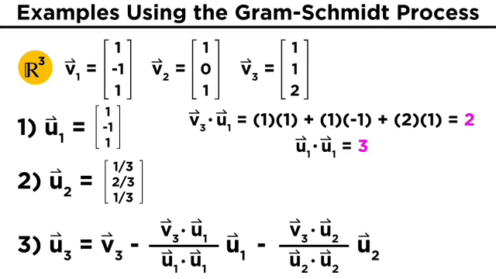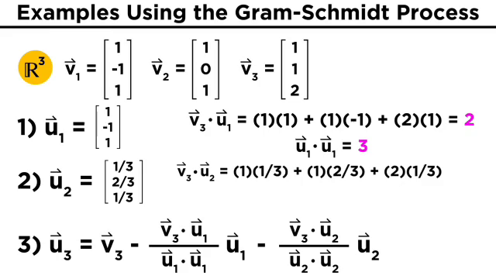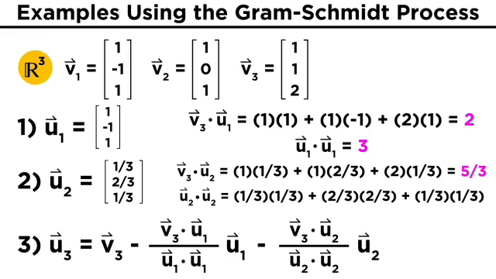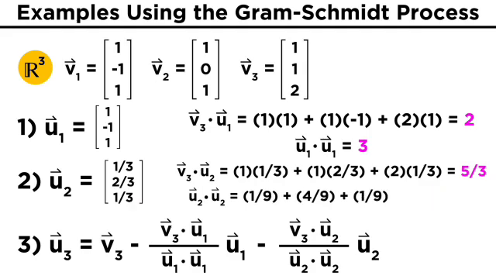We already know that u1.u1 is 3, so let's just use that. Then v3.u2 is 1 times 1/3 plus 1 times 2/3 plus 2 times 1/3, which equals 5/3. And then u2.u2 is 1/3 times 1/3 plus 2/3 times 2/3 plus 1/3 times 1/3, which becomes 1/9 plus 4/9 plus 1/9. This is 6/9, which simplifies to 2/3.